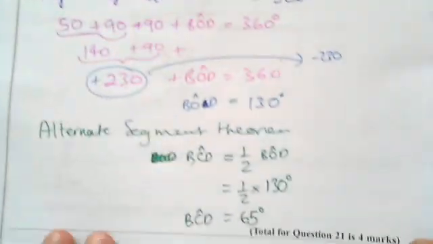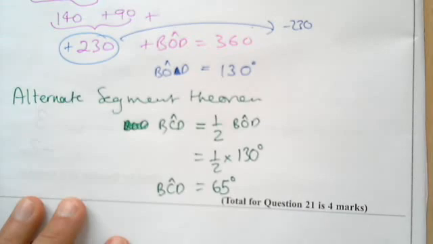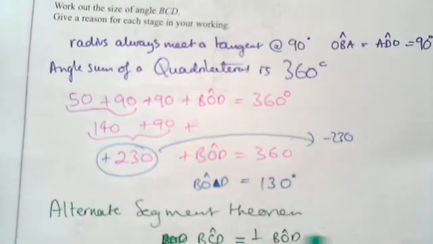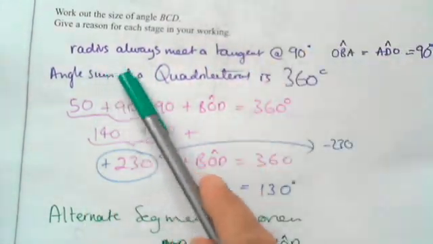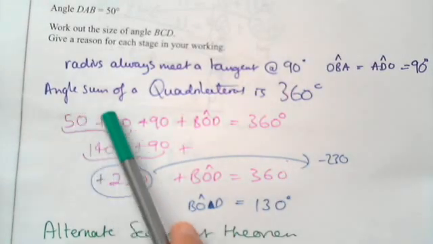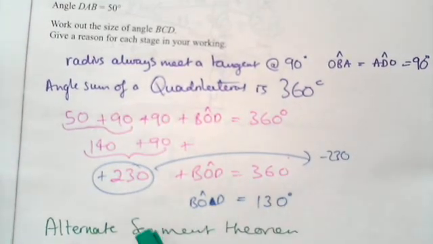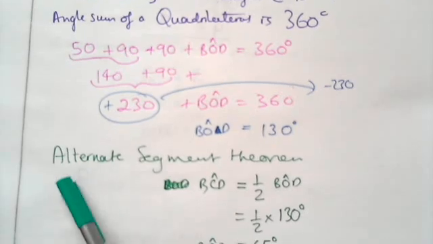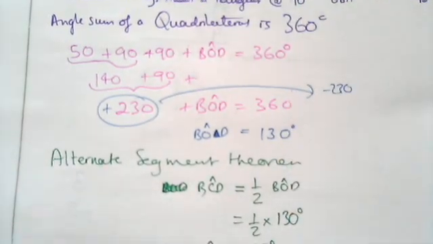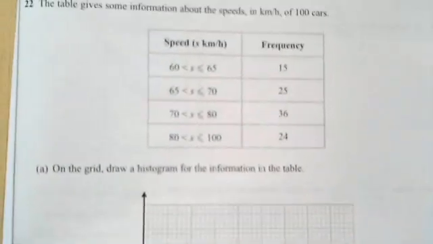Okay, so the angle is 65 degrees, and that's with all the explanations: the radius of the circle meeting at 90, angle sum of a quadrilateral is 360, the alternate segment theorem of the circles, all of that together. That's all the reasoning and explanation. Let's move on to the next question.